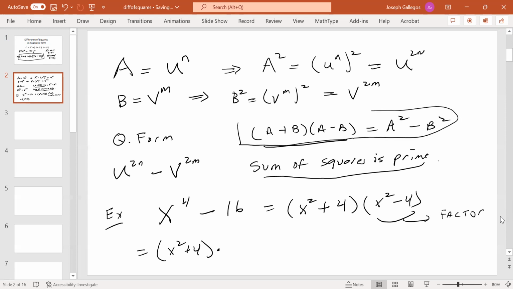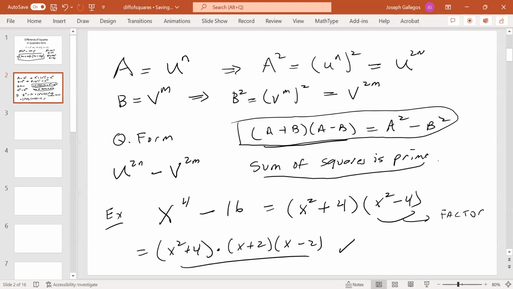A squared minus b squared will always factor as a plus b times a minus b. So we'll have x plus 2, the square root of 4 being 2, and the second would be x minus 2. Now we're complete. We've completely factored the expression x to the 4 minus 16.